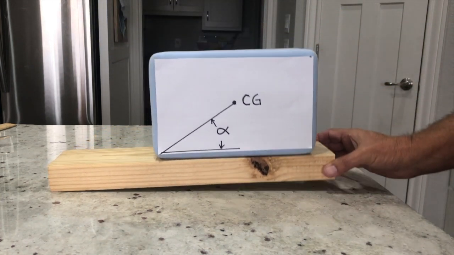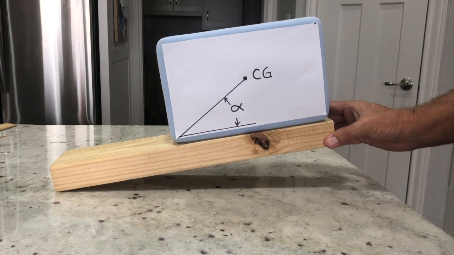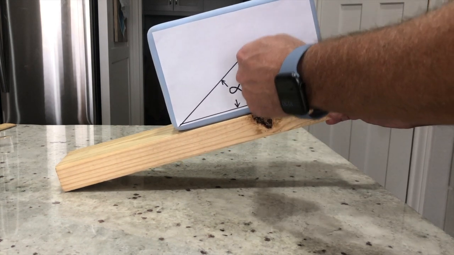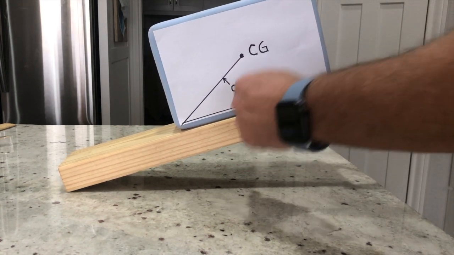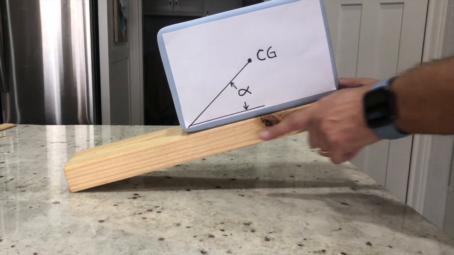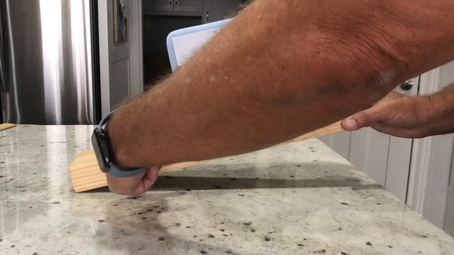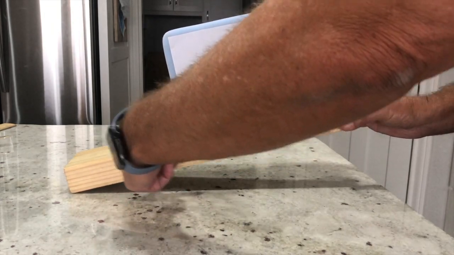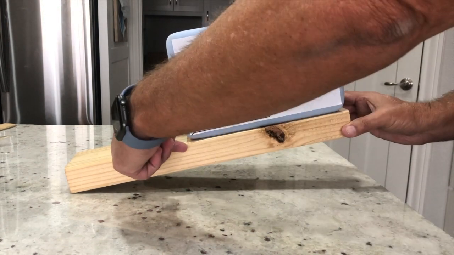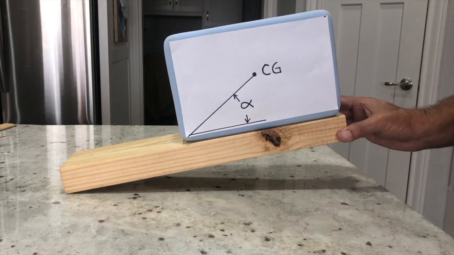What's going on is that as I raise this inclined plane angle, the weight is pulling straight down due to gravity, but it gives you an x component of force moving this way, and there's a friction force that's proportional to the normal force. Remember, it's mu times n, and as long as the normal force can be strong enough to oppose the weight, the block's not going to move.